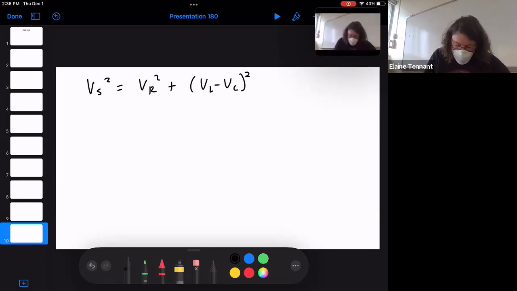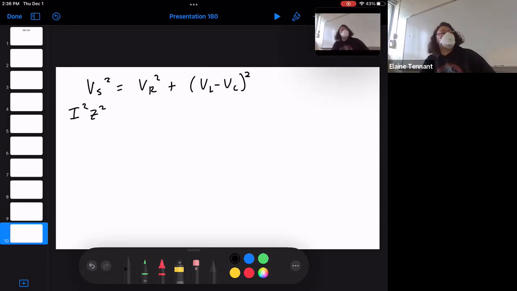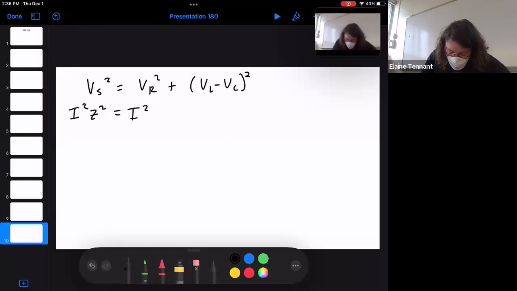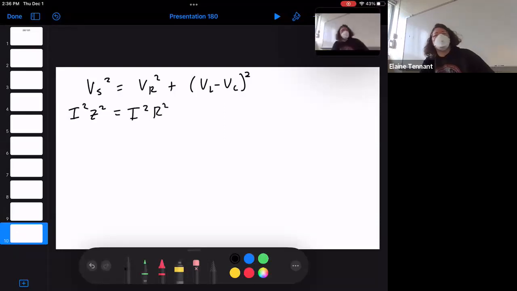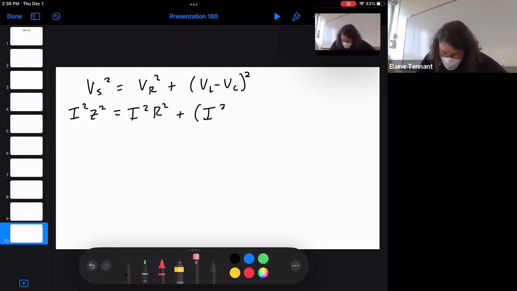And then you'd say, well, for the source voltage, I know I have some current times the total impedance of the circuit. And my resistance, current times the total resistance of that circuit. Same thing with these guys. I have the current, that's not squared, times the reactance of my inductor, and the current times the reactance of my capacitor.